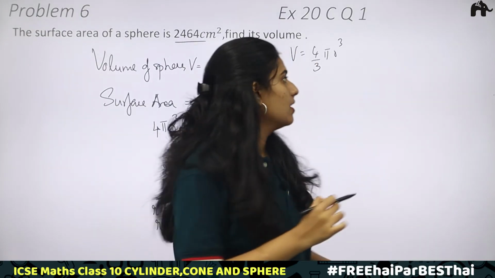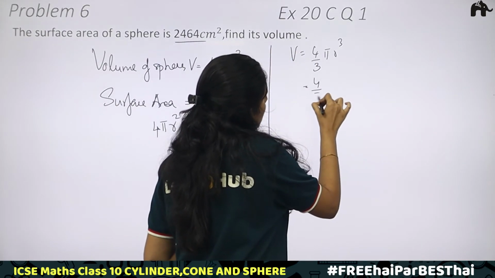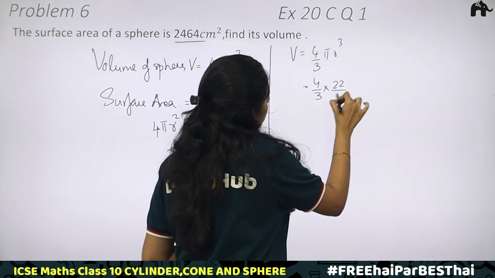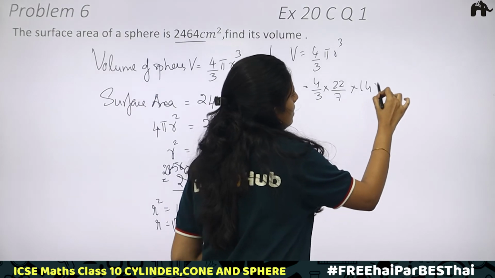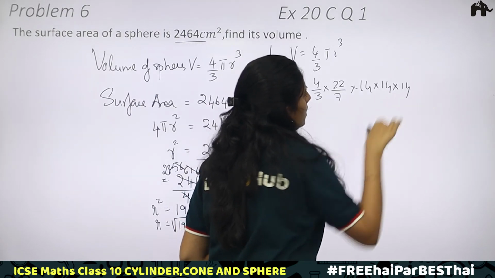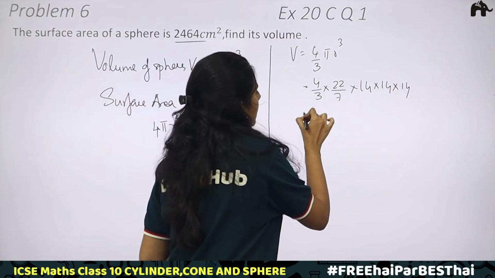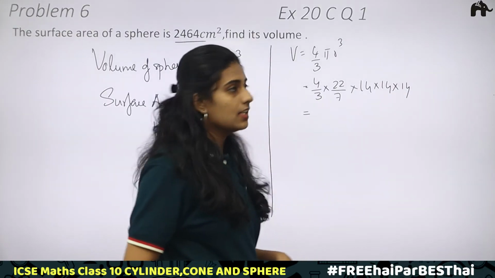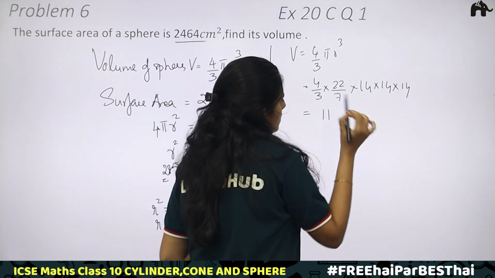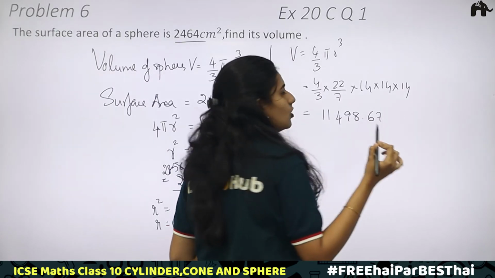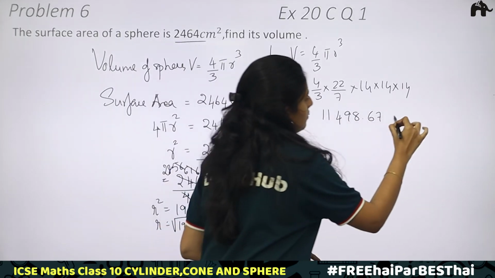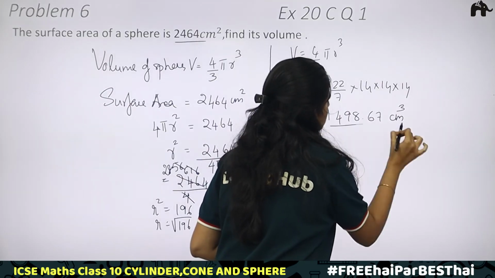Put the values. 4 by 3 into 22 divided by 7 into r cube, 14 into 14 into 14. Okay. When you solve this, you will be getting 11,498.67. What is the unit? Volume. Therefore, centimeter cube.